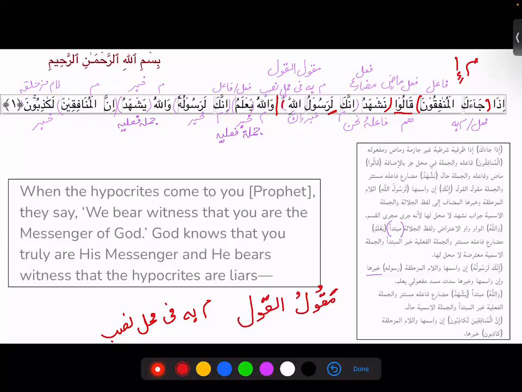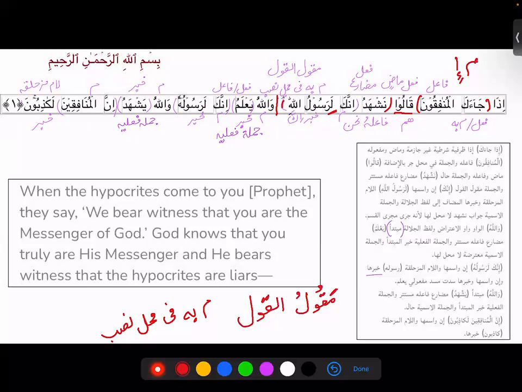We ask ourselves: they are saying we testify. So what are they going to testify? That innaka, indeed you are surely the Rasul of Allah subhanahu wa ta'ala. So this is the mafulun bihi.